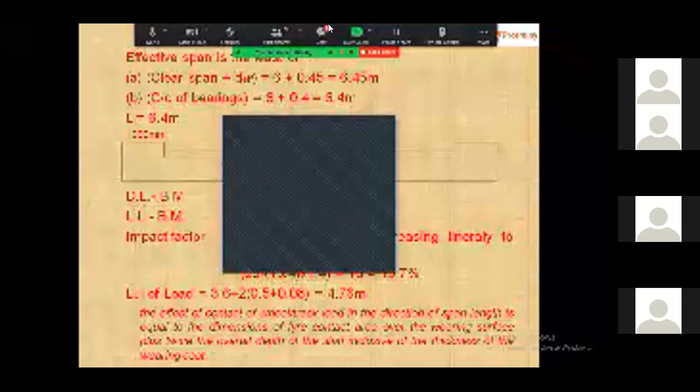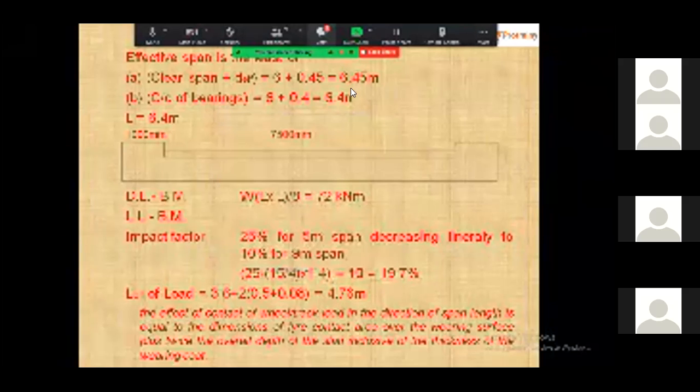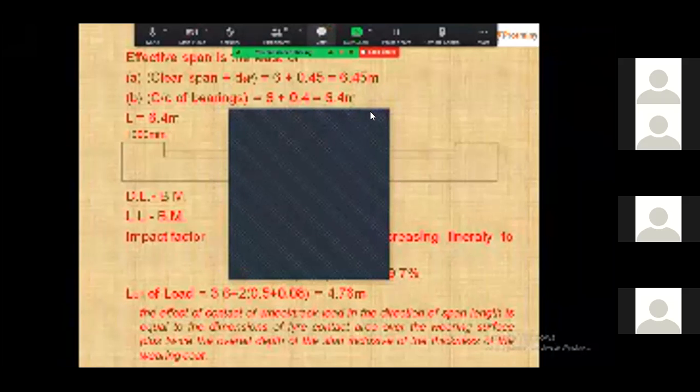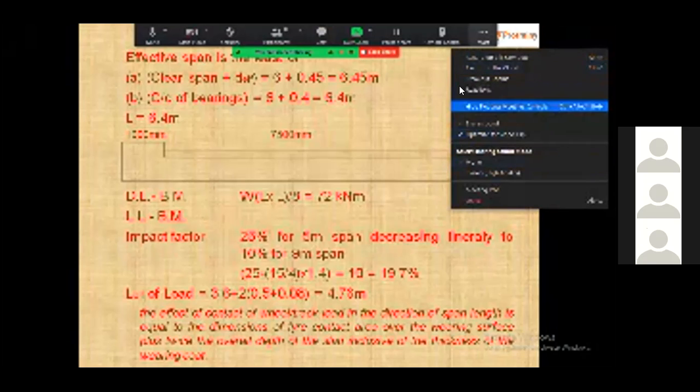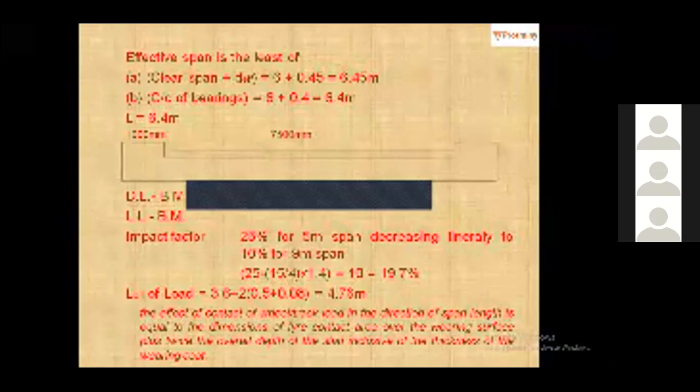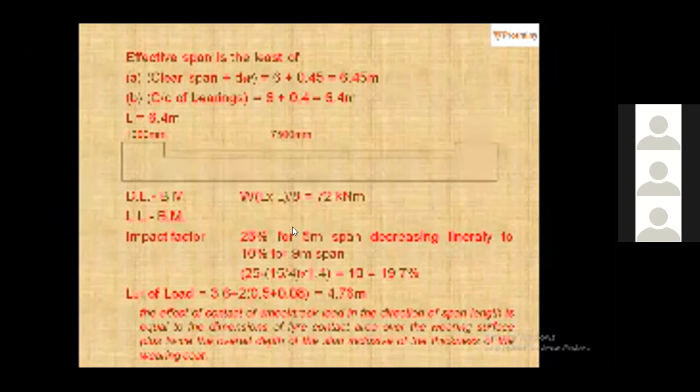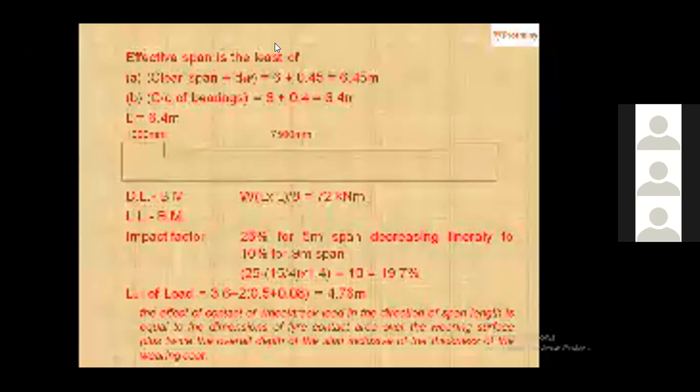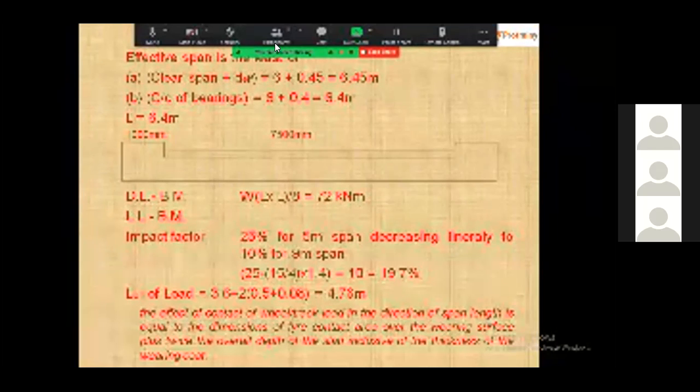Sir, slide visibility is not clear. It is blurred. Slide is not visible at all. Okay, how to make it clear? An internet issue, or I don't know what. Maybe it's breaking, sir. Everyone is facing the same issue.